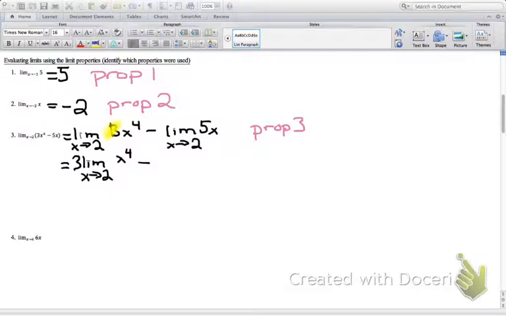Minus, again, 5 here is a constant, so we have minus 5 times the limit of x as x approaches 2. And this comes from property 4.